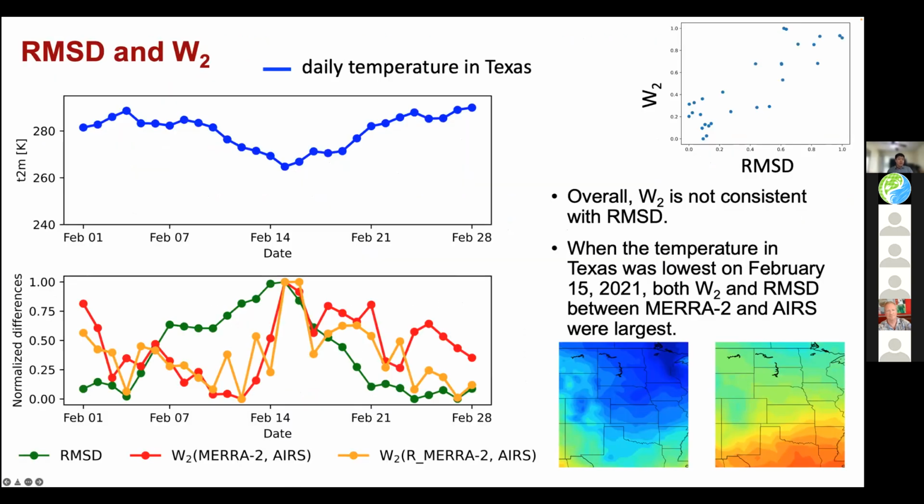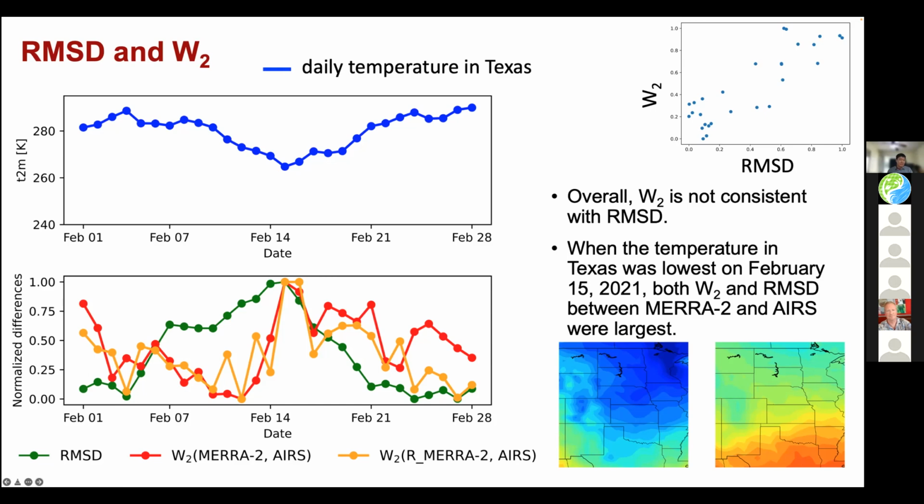Here, the blue line at the top represents daily mean temperature average over Texas only. And the green line here is a root mean square deviation between the observation in February 2021 and climatology. And the red line is the same difference, but it is Wasserstein distance between observation and climatology.